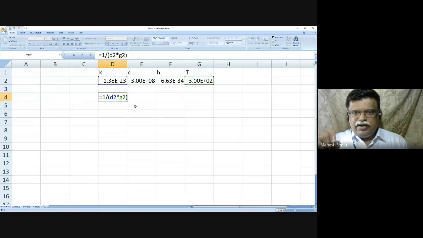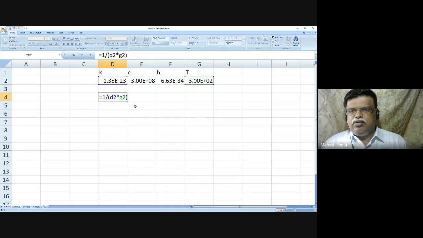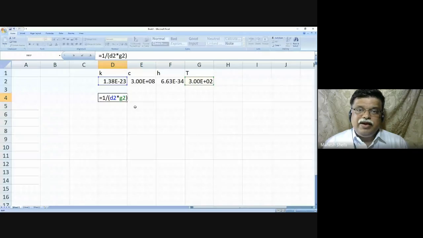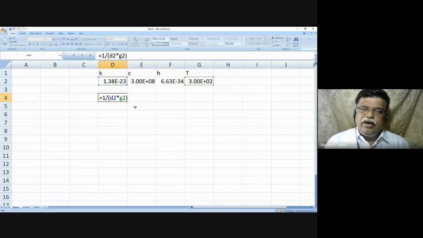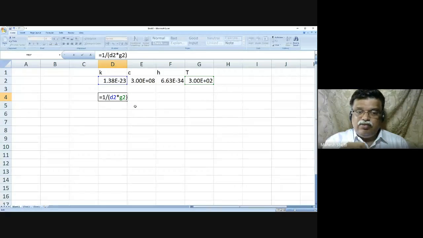Otherwise, sometimes you may lose count of brackets, and you press enter, and then Excel understands that you have missed some bracket, but it may not know where. It will only count how many brackets you have put, and it will try to complete those brackets at the end. But at times it may do it at a place where you don't want it. And you may not realize where the mistake has gone, and therefore counting brackets becomes very important.